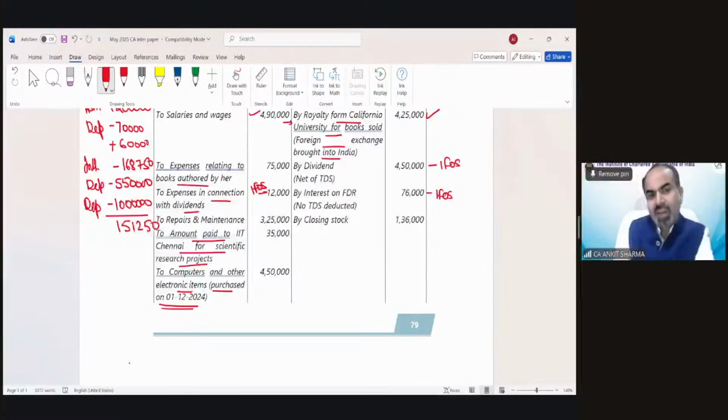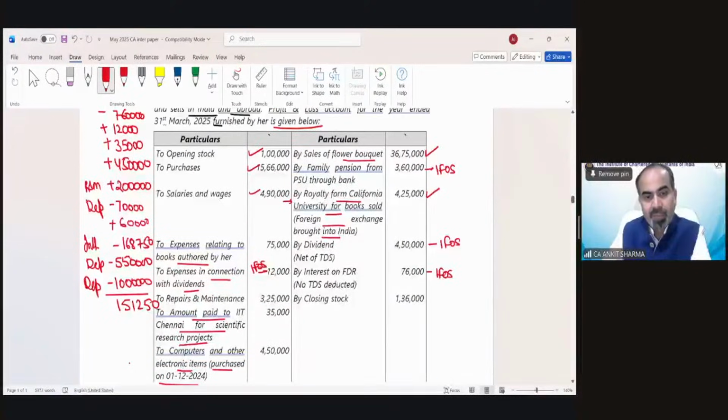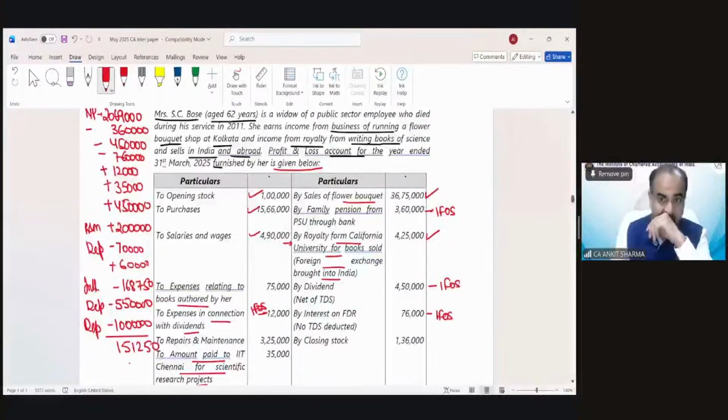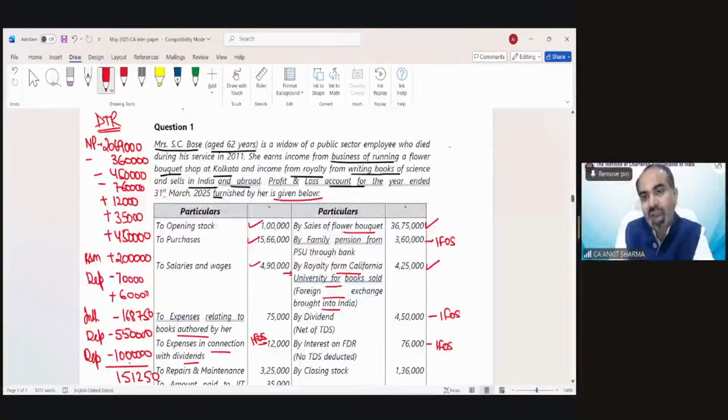So now, if I ask you to calculate income from the information given over here under optional tax regime: for optional tax regime, the PGBP from default tax regime we have to take. That would be 151,250.